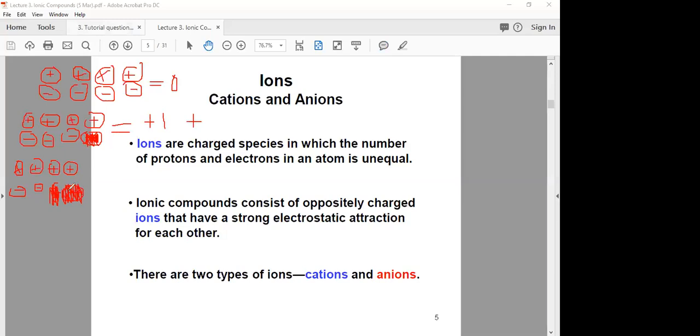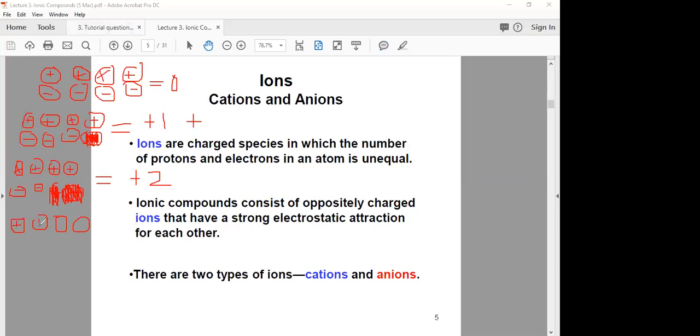What's the overall charge now on this atom? 2 plus, correct. 2 plus charge, because those 2 protons no longer have a corresponding electron. So this is an easy way to visualize loss of electrons and why we give that corresponding charge.